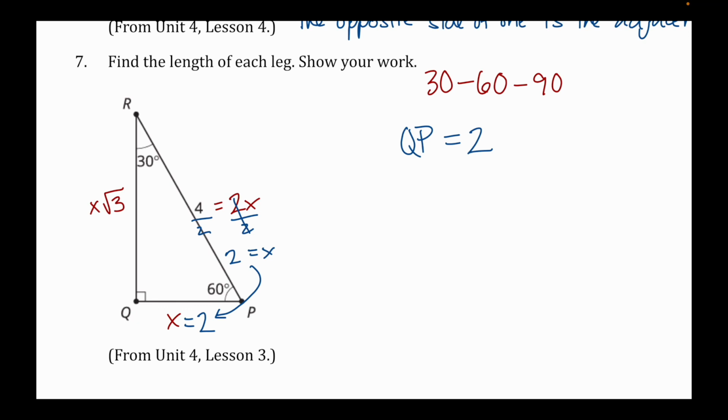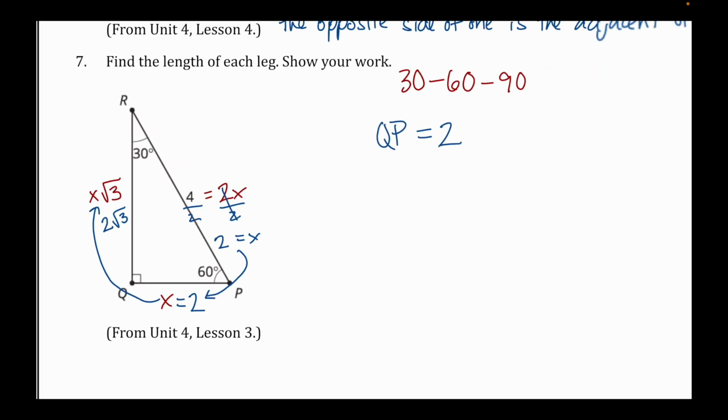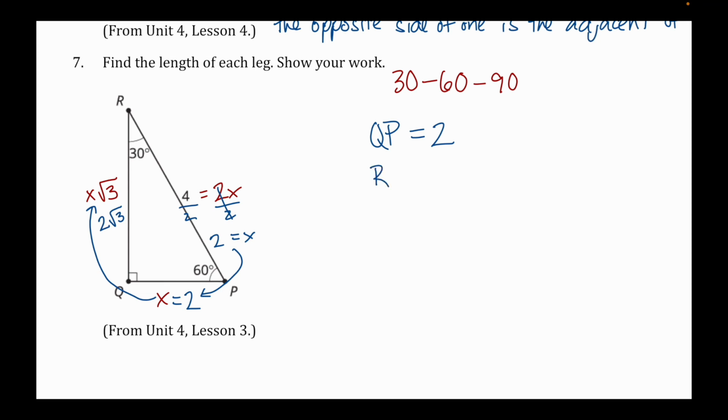And then I like to take this number here and just plug it straight in. So this would be 2 times the square root of 3. And so then I can say RQ equals 2 square root 3.